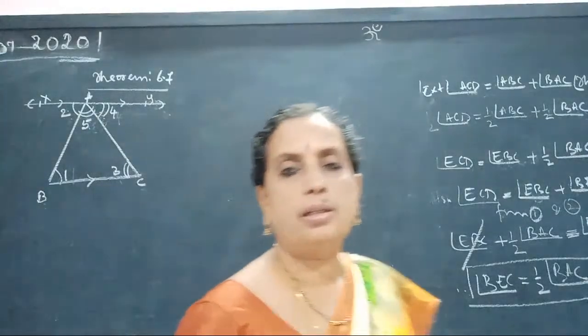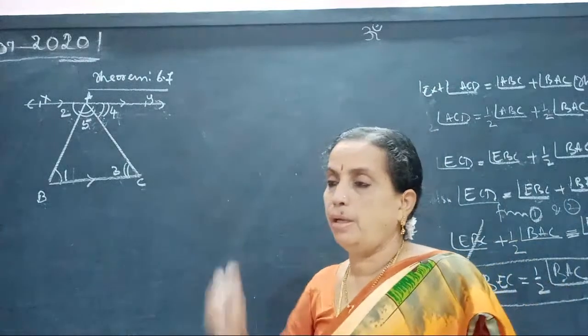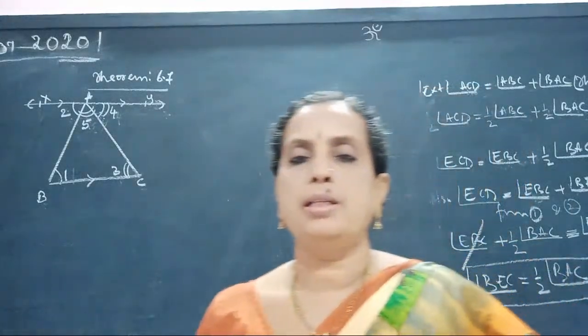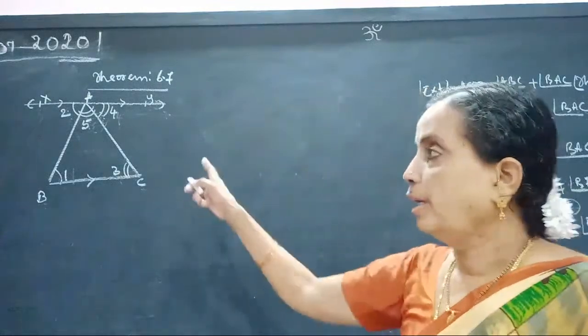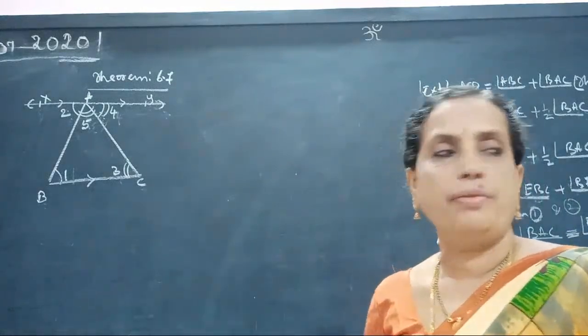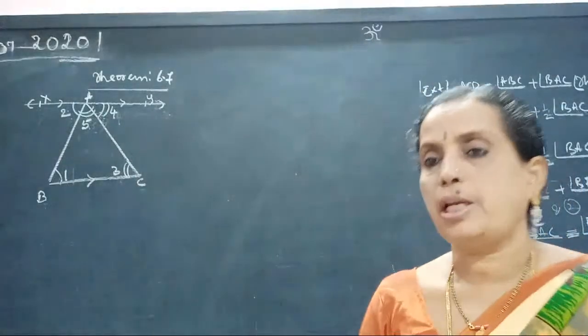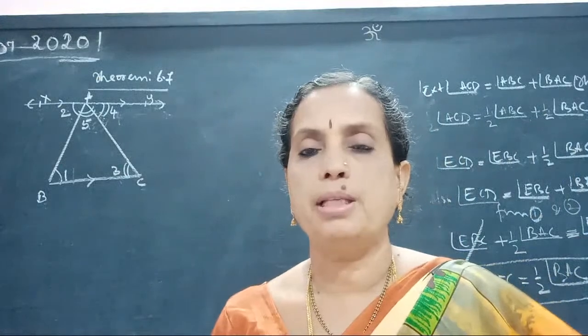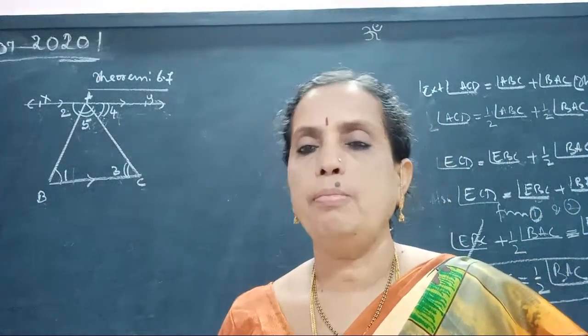Whenever they ask you to prove the angle sum property, you should write the statement: sum of the three angles of a triangle is 180 degrees. Then get the figure. After the figure, you have to write the answer in steps. The steps involved in a theorem are given, to prove, construction, then proof.